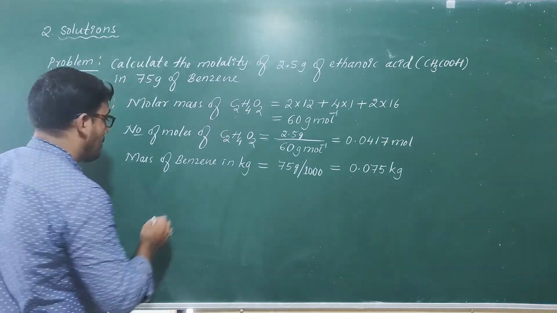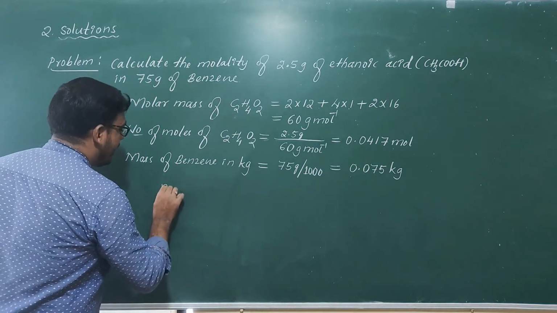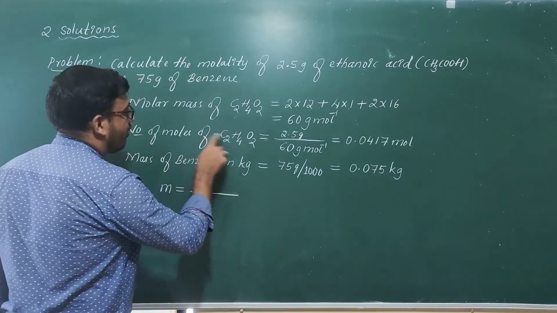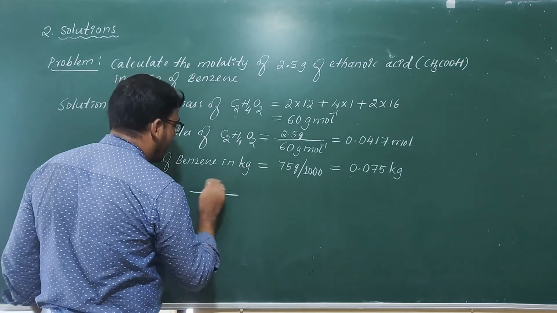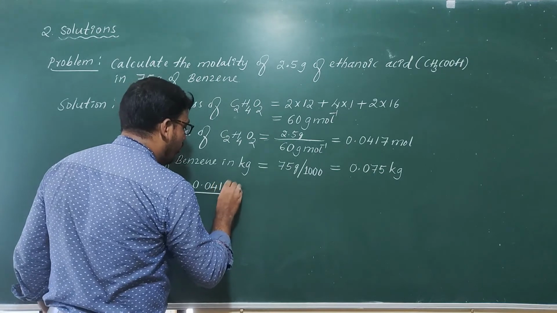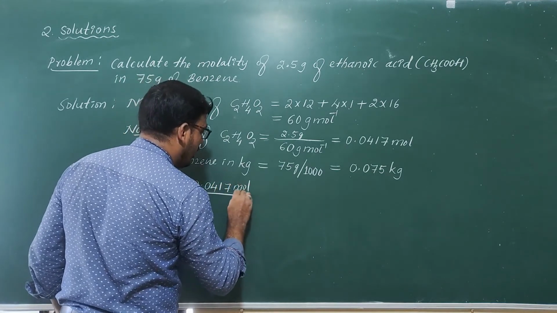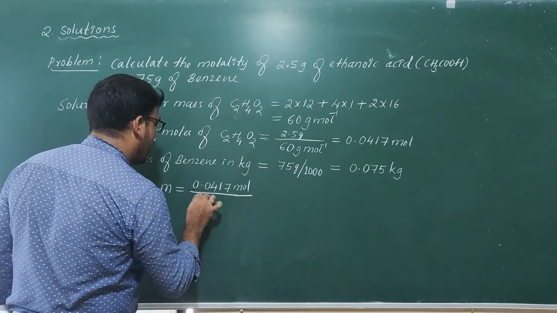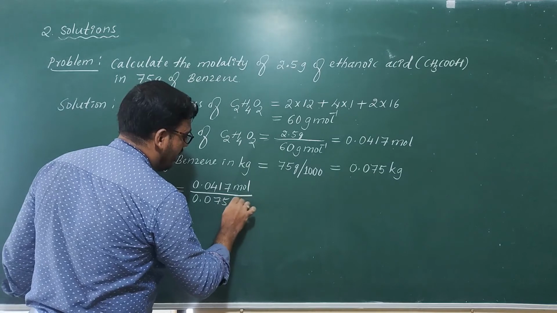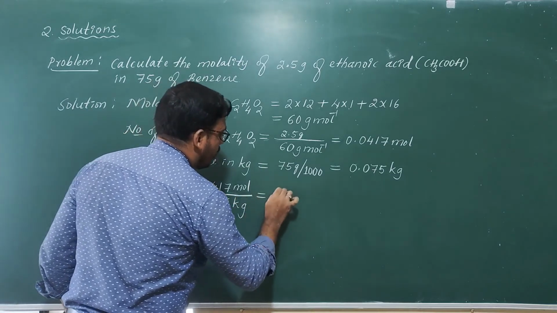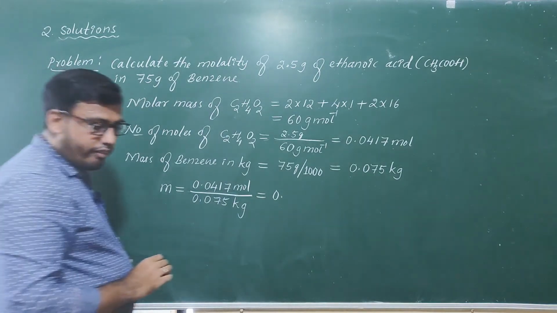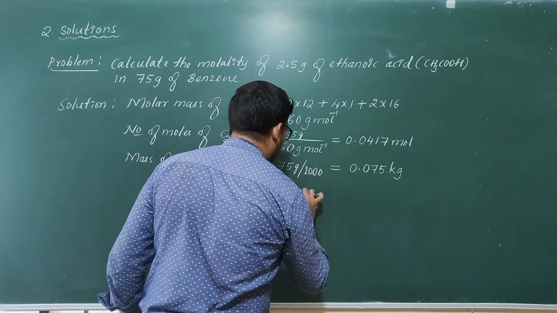Okay. Now molality, small m, is equal to moles of ethanoic acid over mass of benzene in kg. Directly I am substituting. So 0.0417 mole divided by 0.075 kg, that is equal to 0.556.